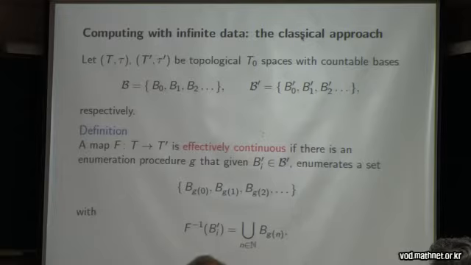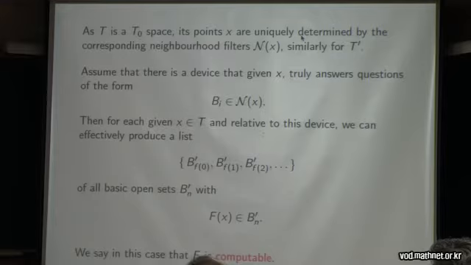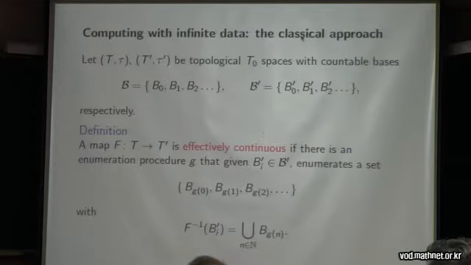Well, in parallel, we look to all basic open sets B dash I. Then we generate this list B0 or G of 0 and so on, which now depends on I. And then we use this device to find out if X is in one of this BG of N. And if so, then we know X must be in the inverse image of B dash Y, and then we can put B dash Y on this list.